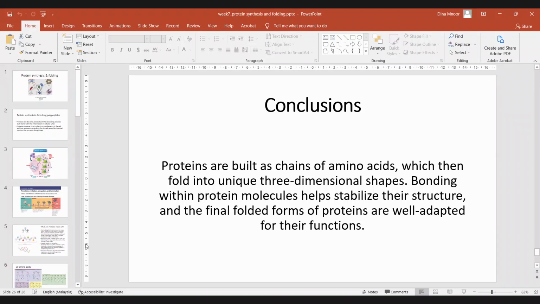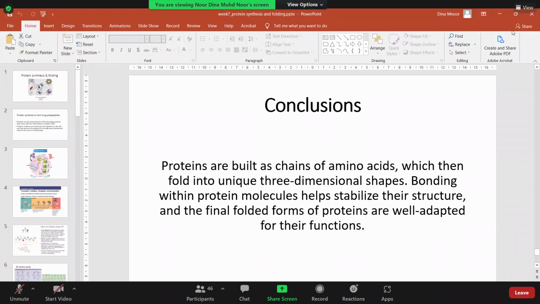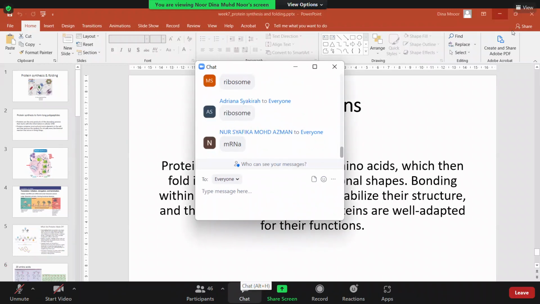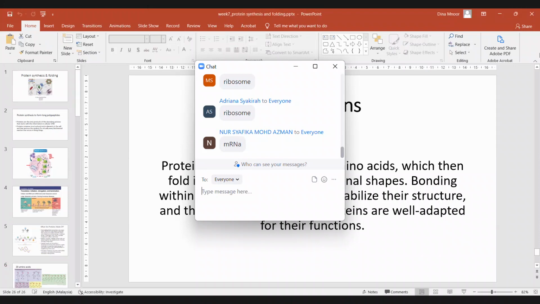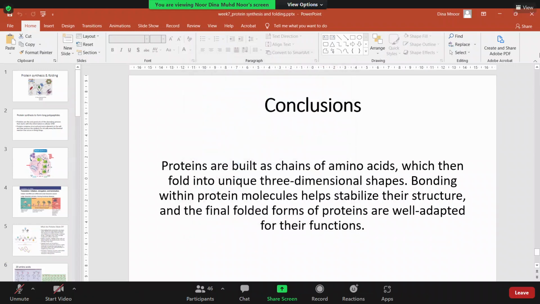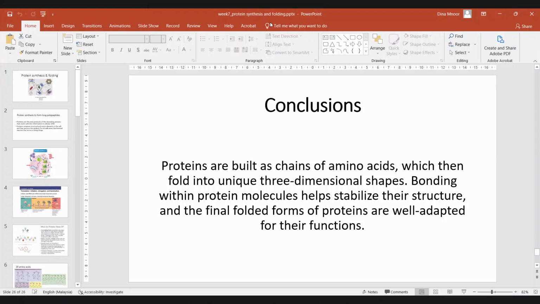Anything you want to ask? No? Alright, if no questions. Just 46 of you, not sure who is absent.